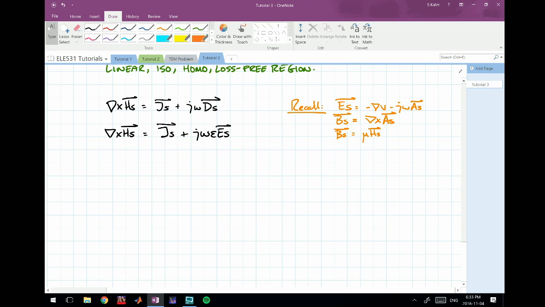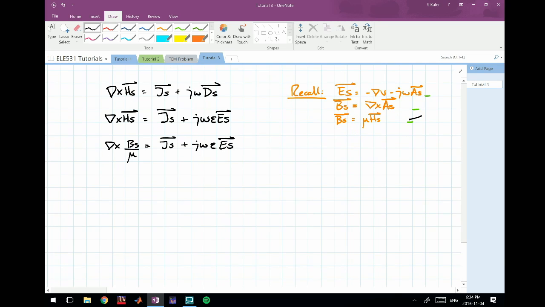Now what do we want? We want to be able to substitute all of these equations in at one point or another. Right off the bat we can use this one, and so we can say that the curl of Bs over mu is Js plus j omega epsilon Es.